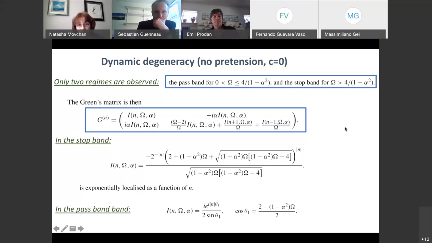We will have only one dispersion curve, and we have 2 regimes, either passband or the stop band. The Green's matrix in this case simplifies dramatically, and in the stop band it is exponentially localized, and in the passband, this is a propagating type of expression.